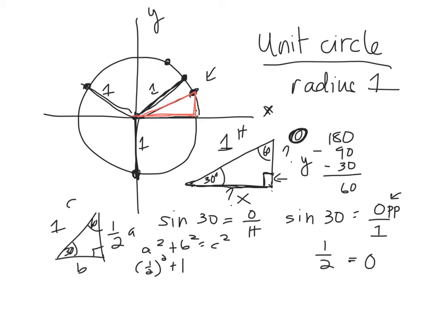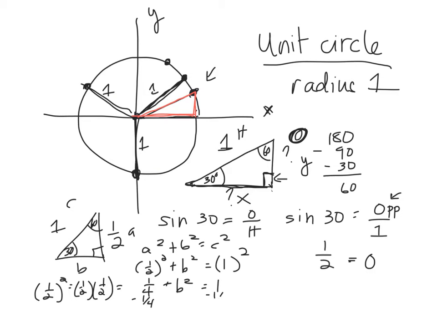We don't know what b is, so we're going to leave it. And c squared is just 1. If we solve this out, we have 1/2 squared, which equals 1/2 times 1/2, which equals 1/4, plus b squared equals 1. Subtract 1/4, and we get b squared equals 3/4.